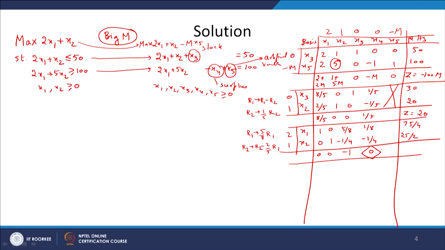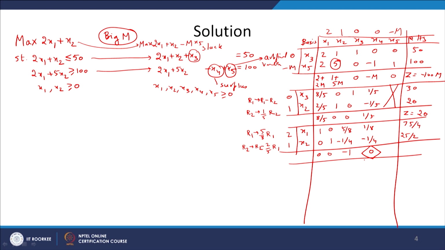So, that gives us an indication that this problem has multiple solutions, because remember, the condition for multiple solutions is that if a non-basic variable gives rise to a 0 entry in the deviation row, then this is an indication that the problem has multiple solutions.